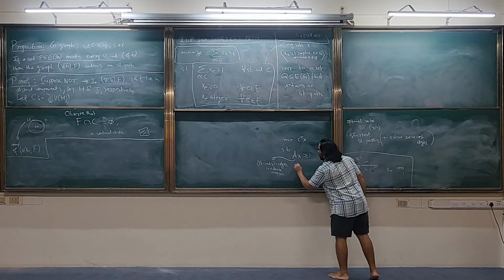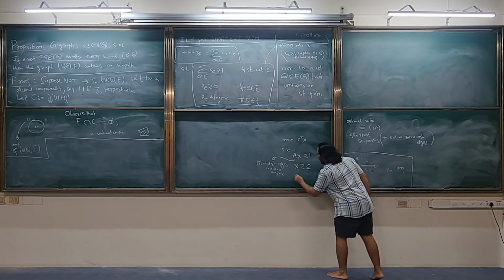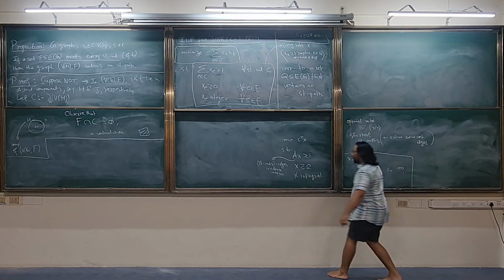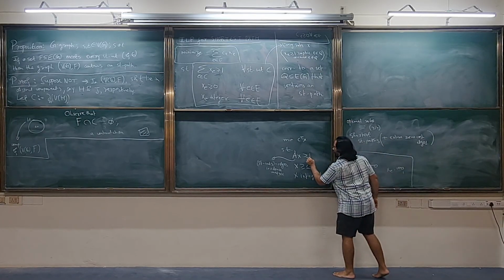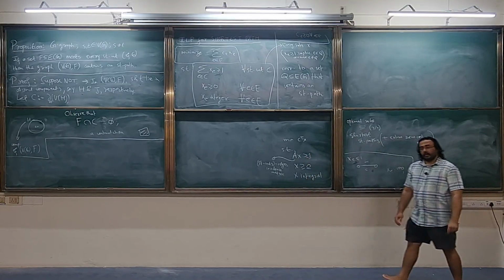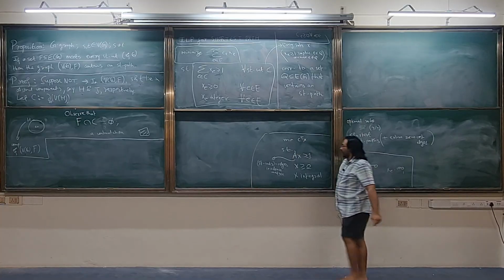And I want my vector to be non-negative, and I want my vector to be integer. This is the all ones vector. Right, so that's the compact format of this fellow.